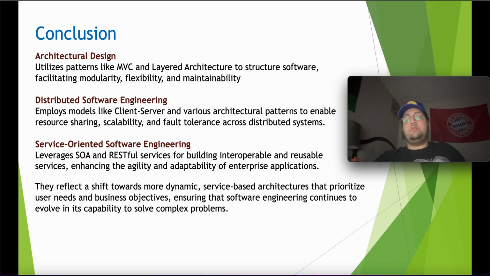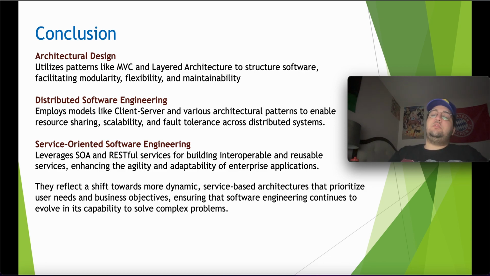So these three topics talk about how these different architectures prioritize these things, as well as the business objectives of the people who are putting these services into action.